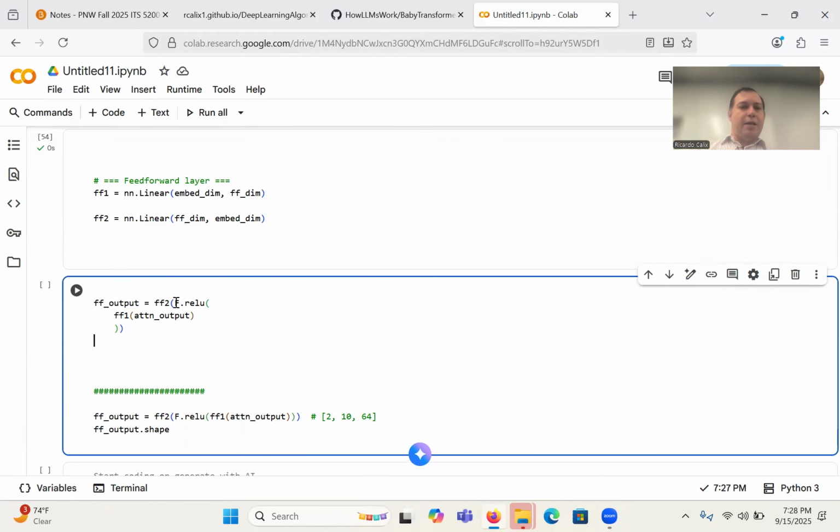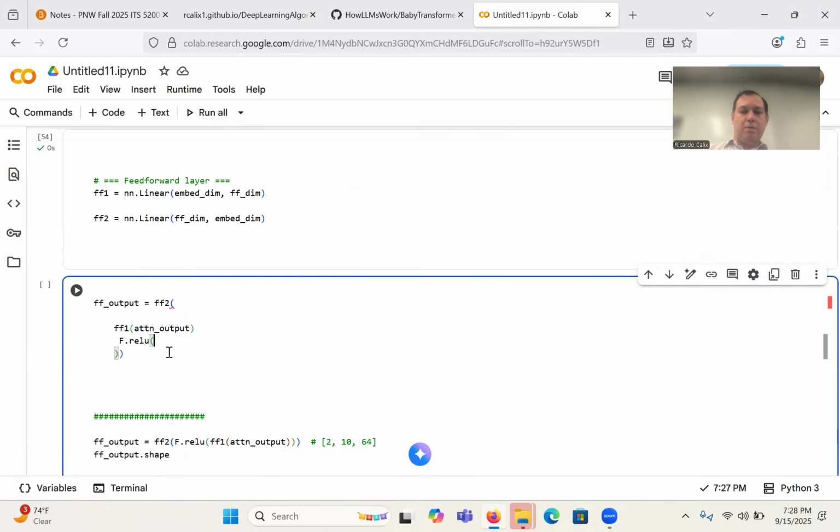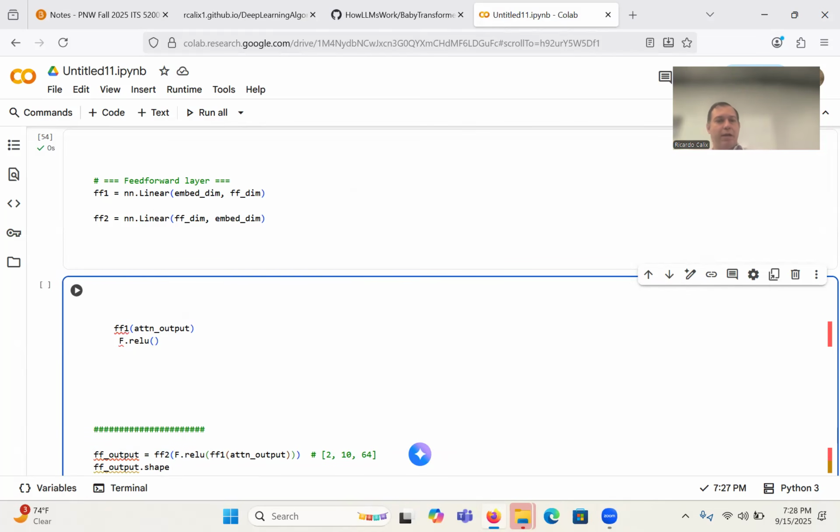Okay, so that produces something, and then there's a ReLU. This ReLU goes after that. And then there's an FF2, which goes after. So essentially, it's 3 lines of code.